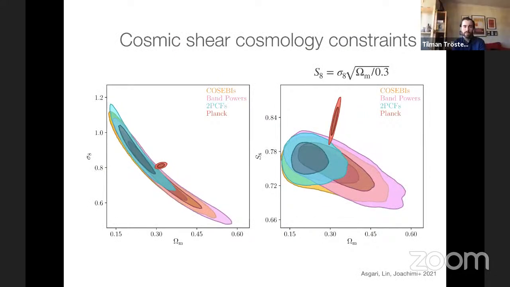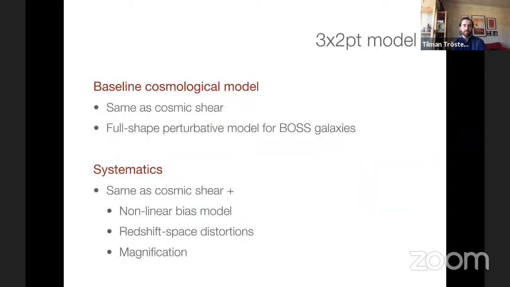Any other questions about the cosmic shear stuff before I move on to the joint analysis? All right. Then for the 3x2-point model, so the joint analysis, we basically use the same setup as for cosmic shear, but because now we have that spectroscopic sample for the galaxy-galaxy lensing and for the galaxy clustering, we also add in a full-shape model for what are essentially the BOSS galaxies.